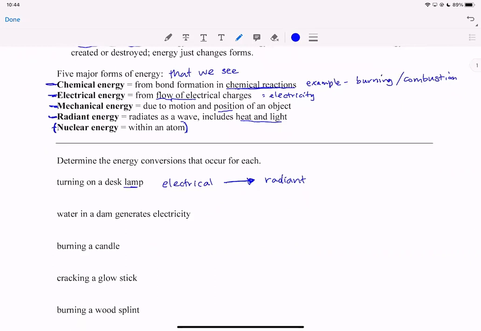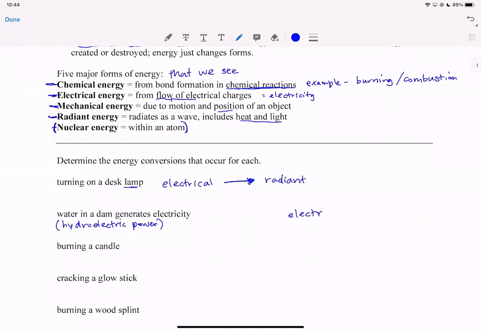When you have water in a dam that generates electricity, this is called hydroelectric power. We'll talk about hydroelectric power in the next module because it is sustainable and renewable energy. But when water in a dam generates electricity, that energy is not coming from nowhere. So we get electricity.